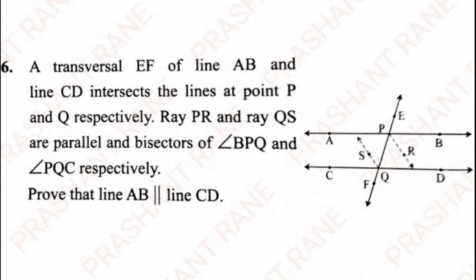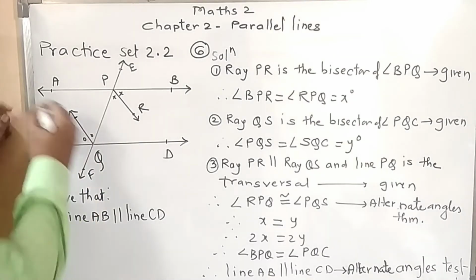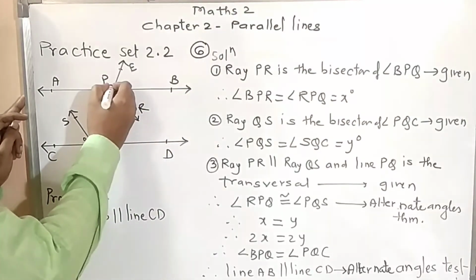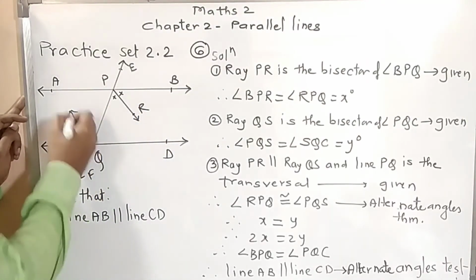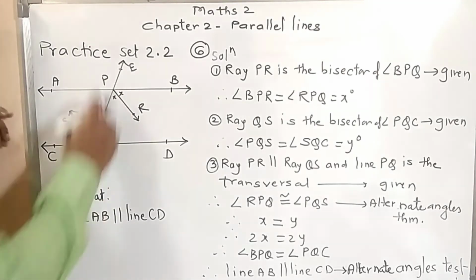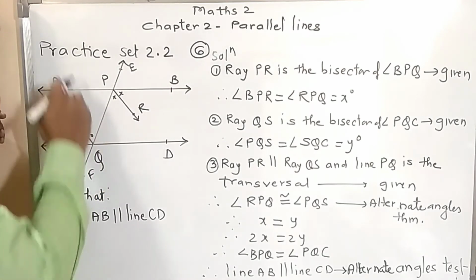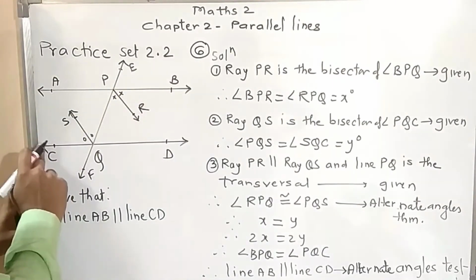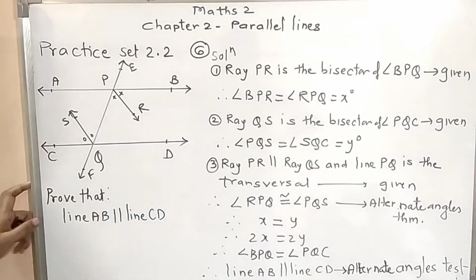Prove that line AB is parallel to line CD. In the figure it is given that ray PR is the bisector of angle BPQ, ray QS is the bisector of angle PQC, and PR is parallel to QS. What do I have to prove? I have to prove line AB is parallel to line CD.